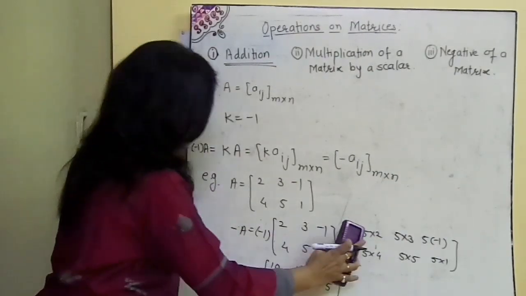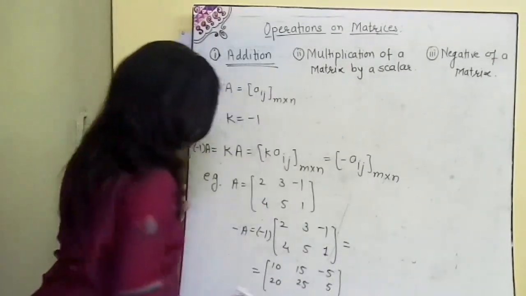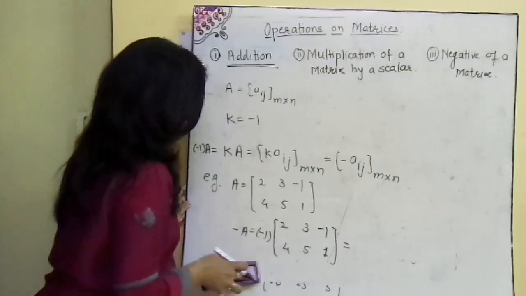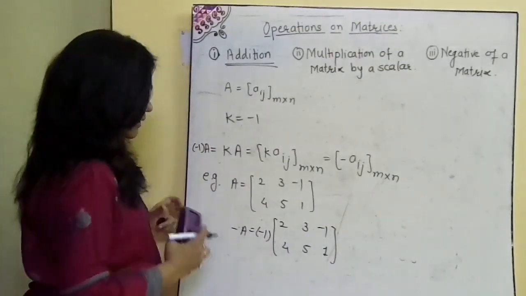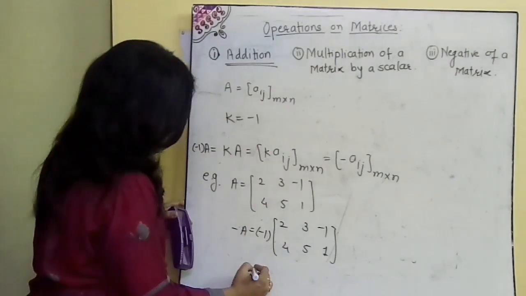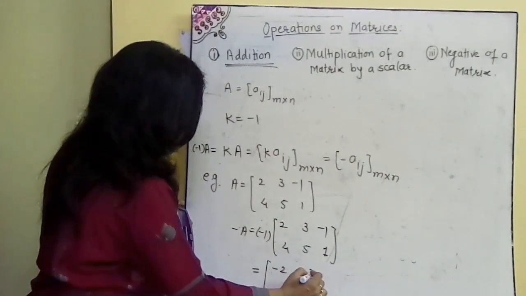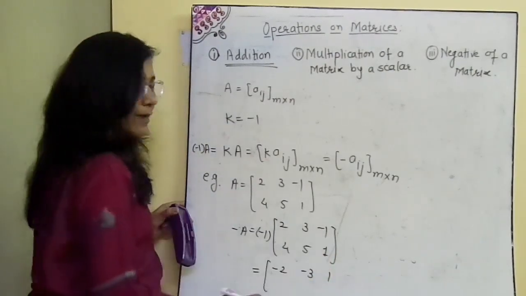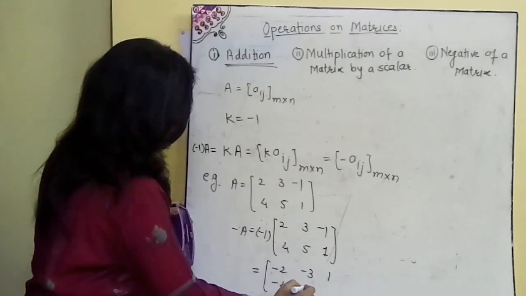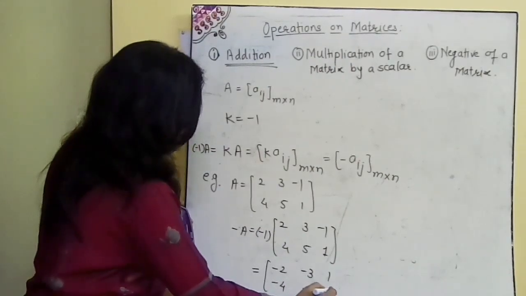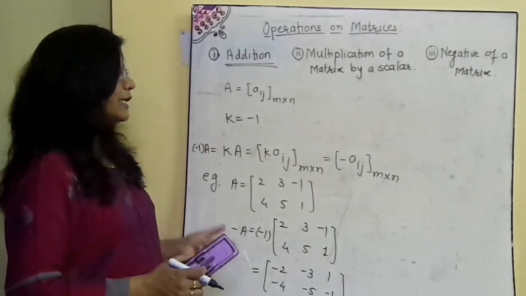You have to multiply each and every element of this matrix A by minus 1. So it is minus 2, minus 3, negative of minus 1 is plus 1, 4 its negative is minus 4, 5 its negative is minus 5, 1 its negative is minus 1. So this is the negative of a matrix.